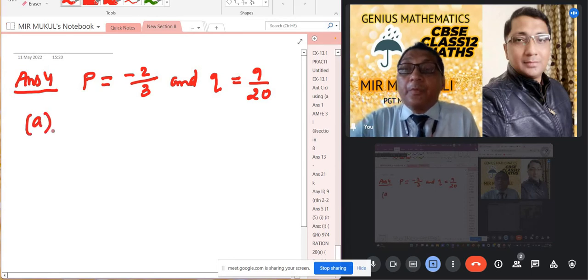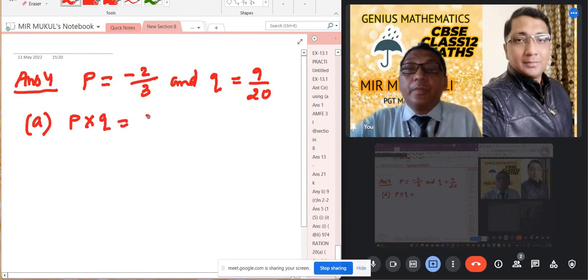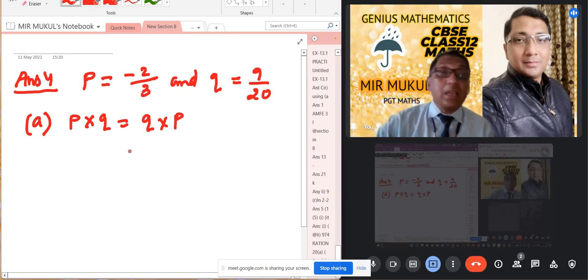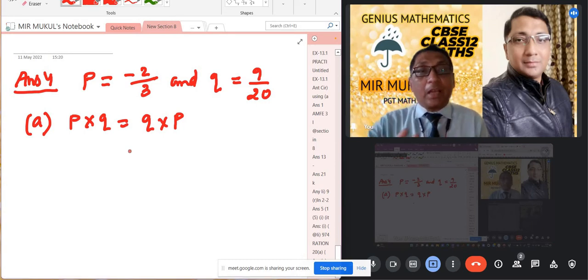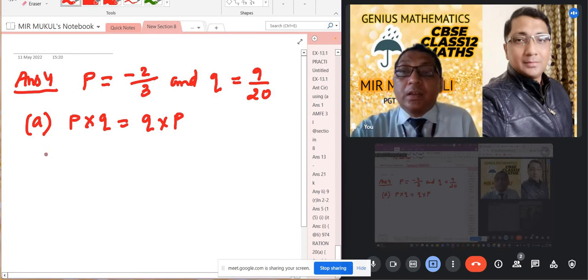P into Q equals Q into P. What is the name of this property? This property name will be commutative property. So we have to verify. That means putting the values of P and Q, we check whether we get left hand side and right hand side equal or not, just check it.